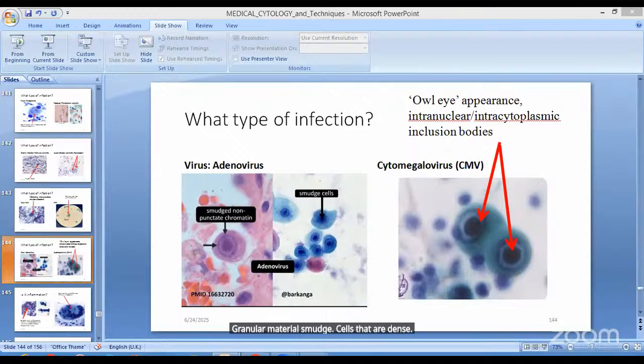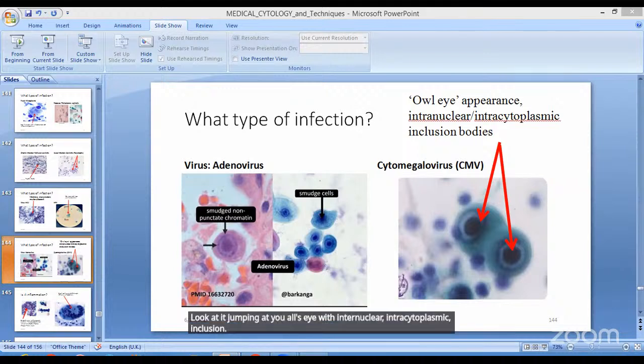It typifies adenovirus. Then cytomegalovirus, CMV. That one looks like an owl's eye, with intranuclear, intracytoplasmic inclusion bodies. When that is seen, that's cytomegalovirus.